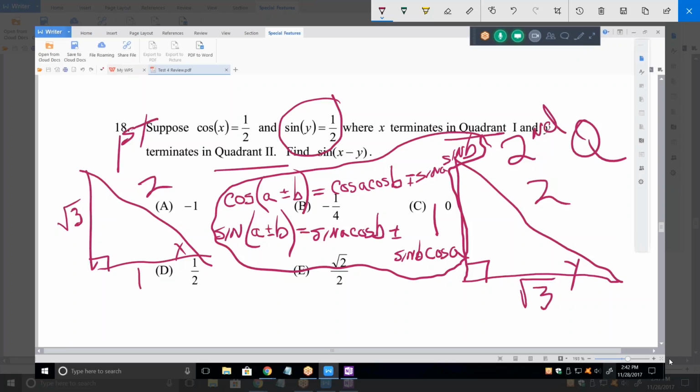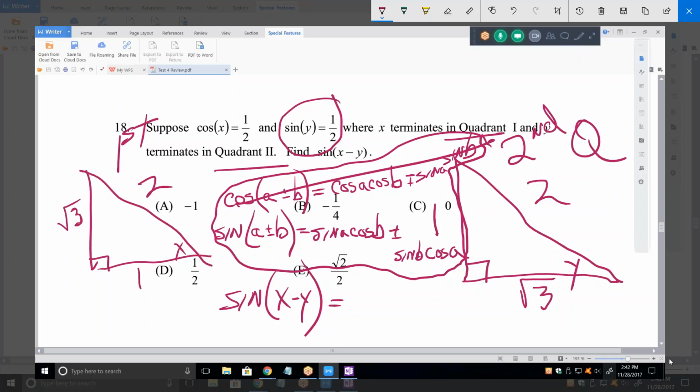Okay. Now, it's crucial here because what we're looking at is the sine of x minus y. So what's that going to be? Based on our identities. We don't need this one. That's the one they teach you at first.